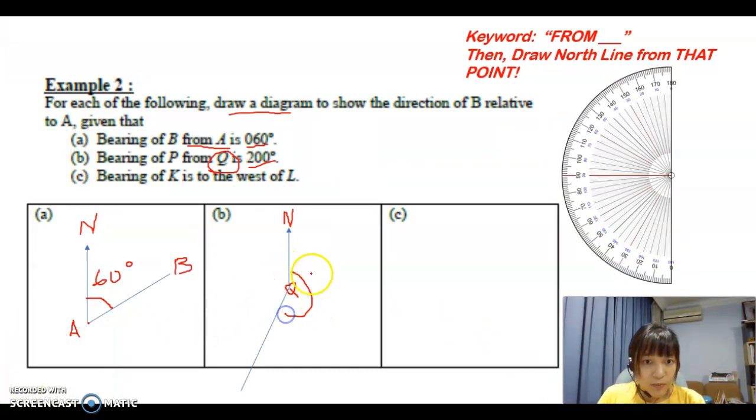This angle would be 20. Not 20, sorry. Total is 200 here. Then you label this as P.